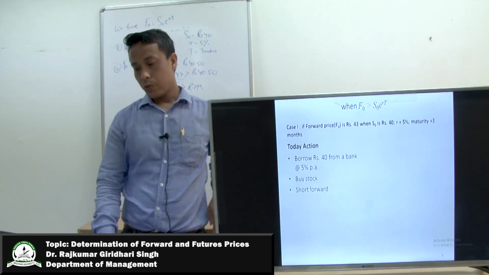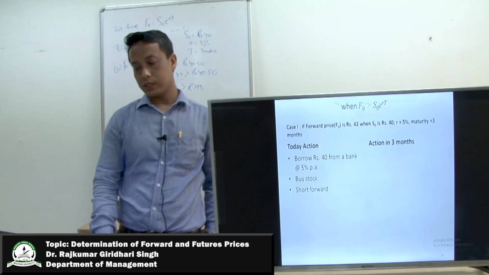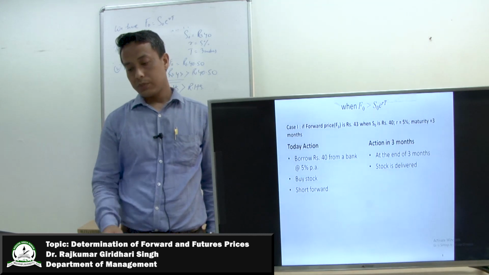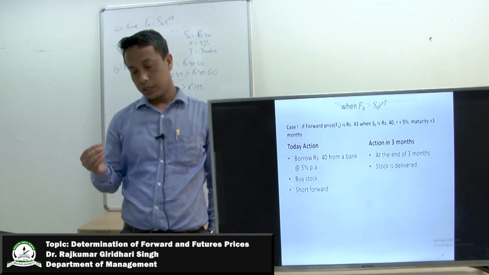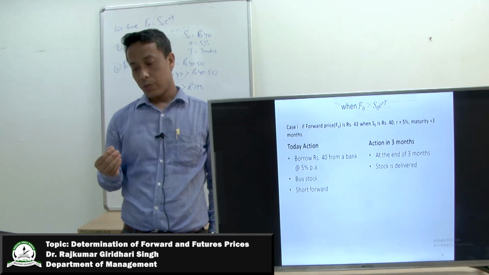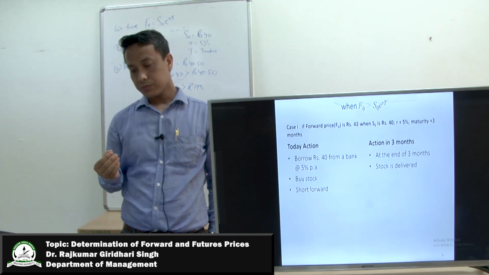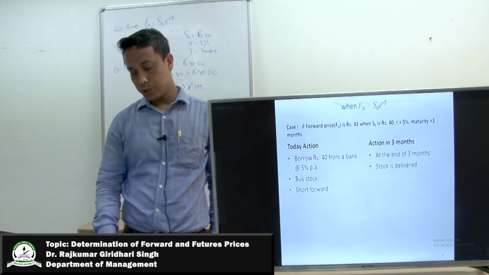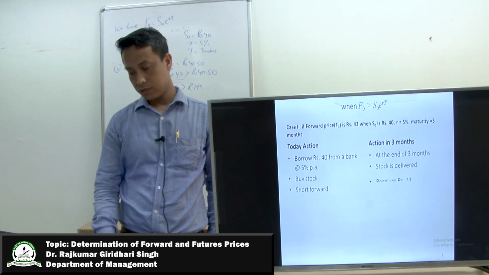So let's see what we have at the end of 3 months. Because of the short forward, we have a right to sell, so we sell it and deliver the stock.